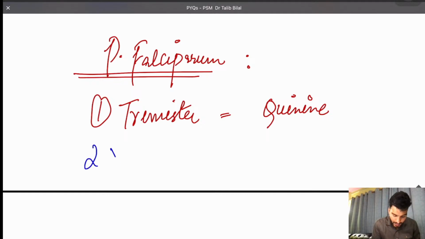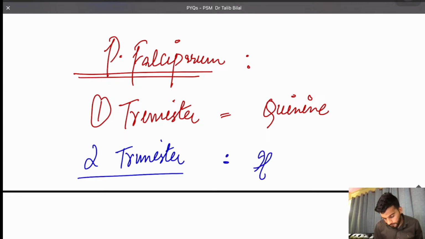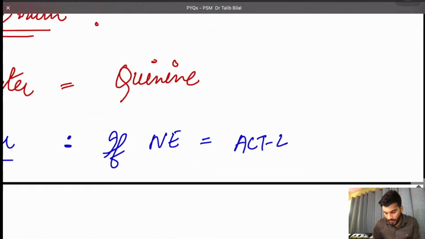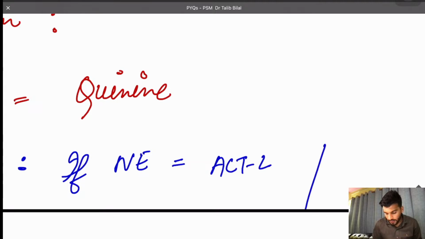Okay, second trimester onwards, when the organogenesis has been completed, if northeastern states, your answer is going to be ACTL, and other states, your answer is going to be ACTSP.